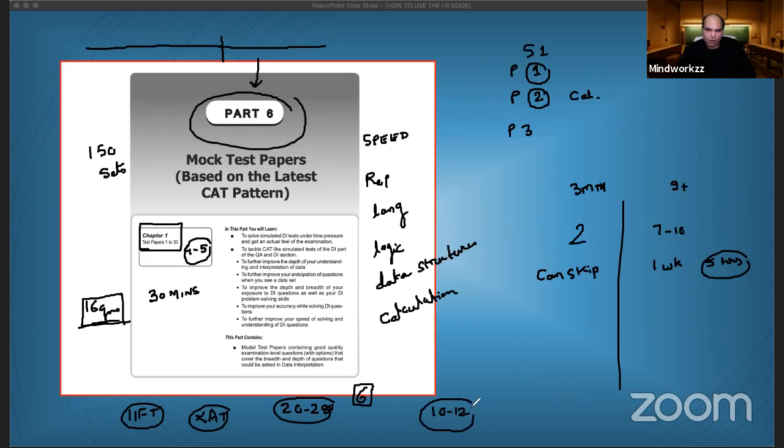If you can solve 10 to 12 questions correctly in the QA section, and your other sections are at the same level, you are almost guaranteed to get an XLRI call.